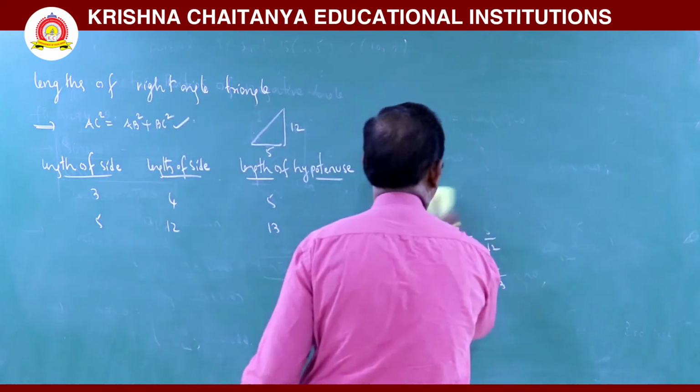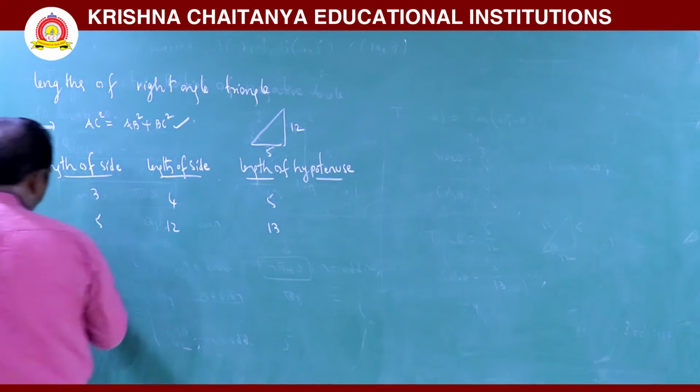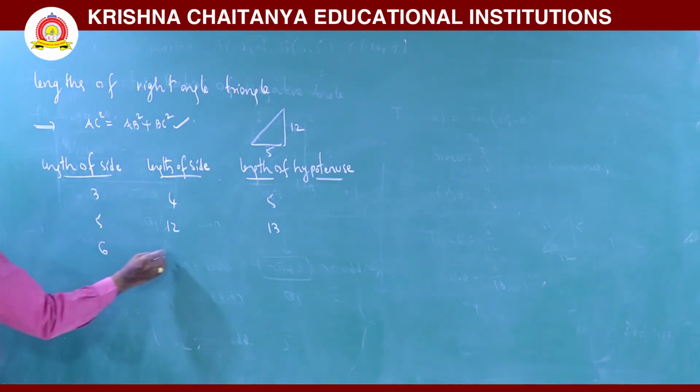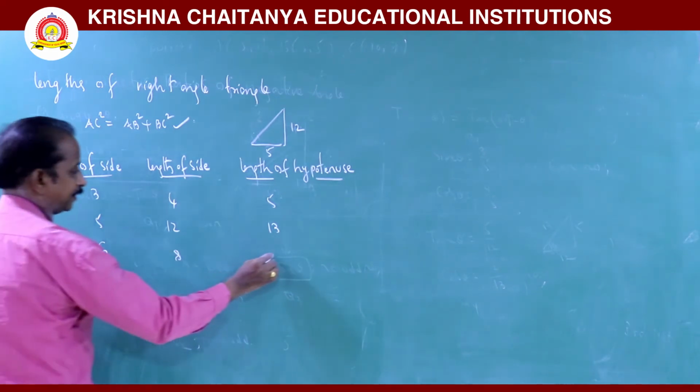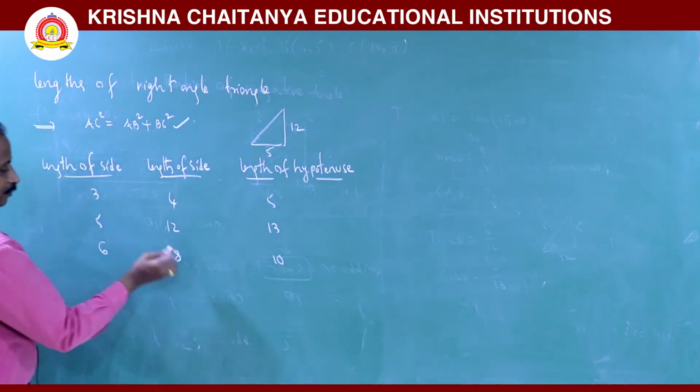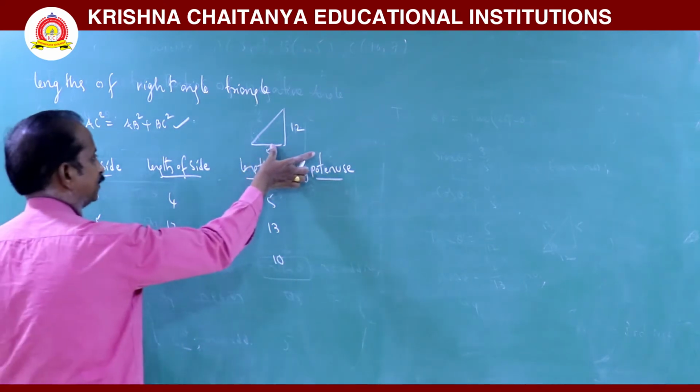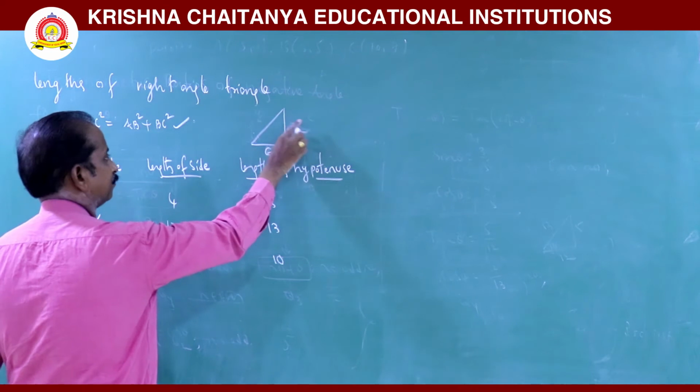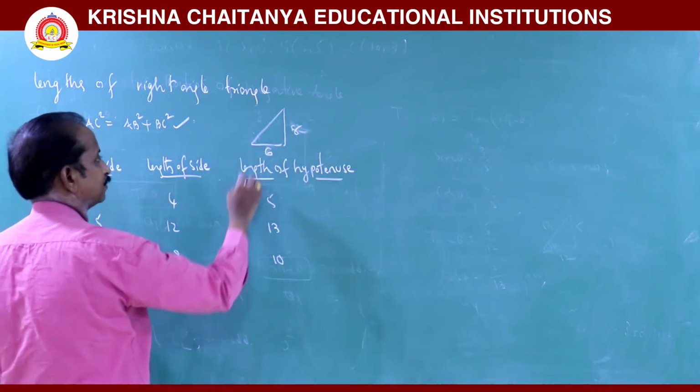Next, another one: 6, 8, 10. Reason: 6 squared is 36, 8 squared is 64, 64 plus 36 is 100.